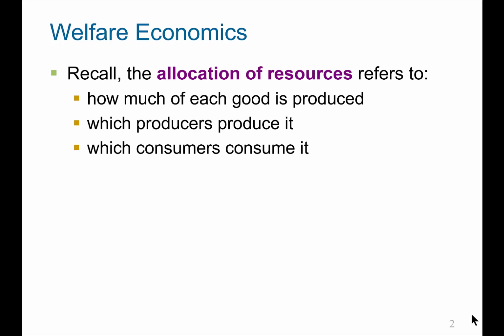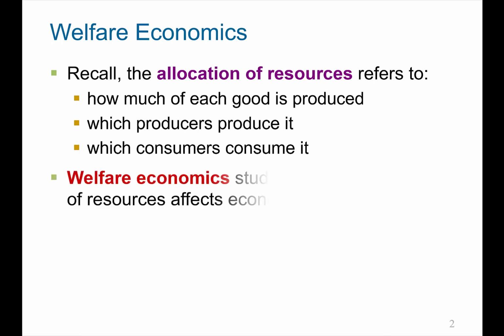The low-cost producers would be the first ones to produce it as long as that price covers their cost. Remember, we said that supply curve is a ranking of the cost of production. And which consumers consume it? Those with the highest willingness and ability to pay, as long as it's above the price that they're paying, then they're going to consume it, right? So again, remember, the demand curve is a ranking of willingness and ability to pay. We'll come back to these concepts that I'm just briefly mentioning here.